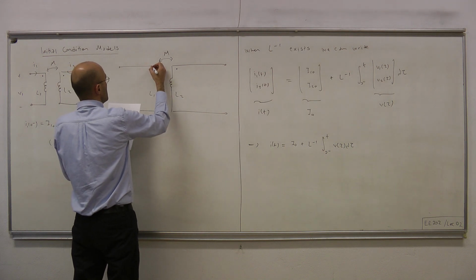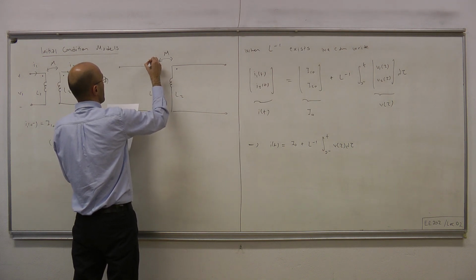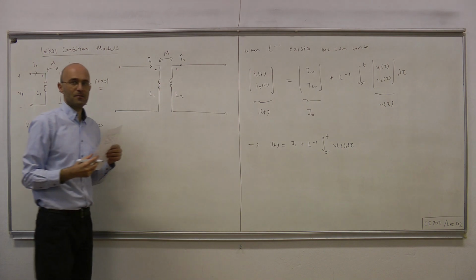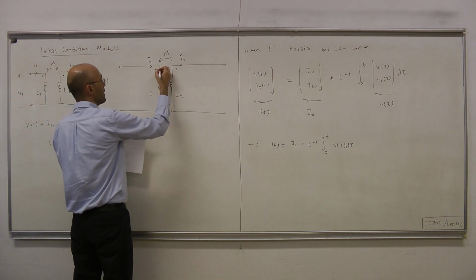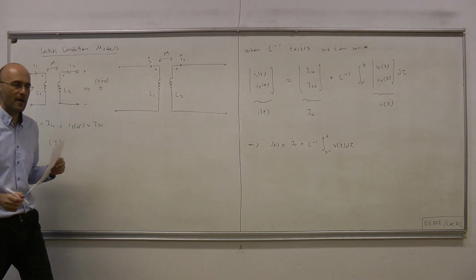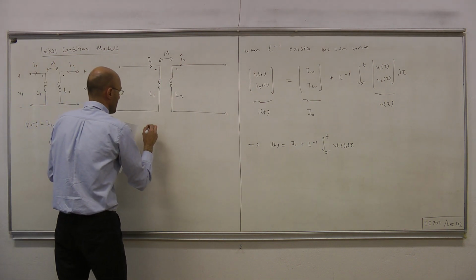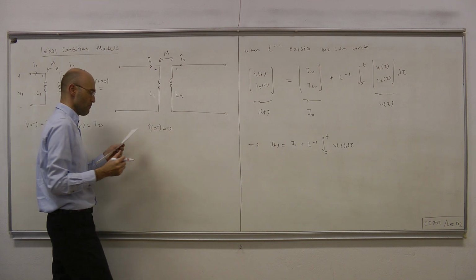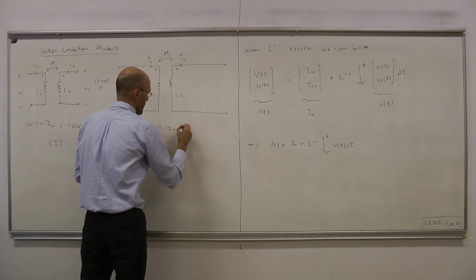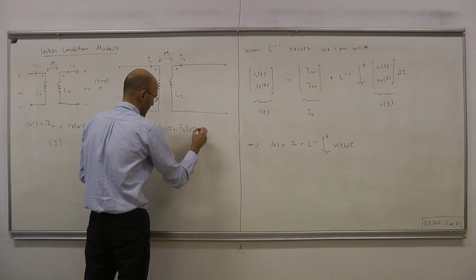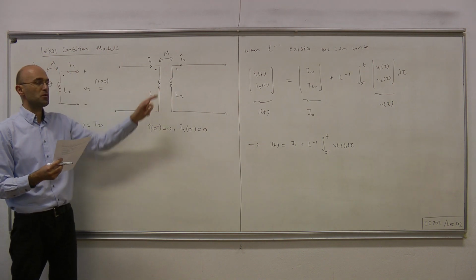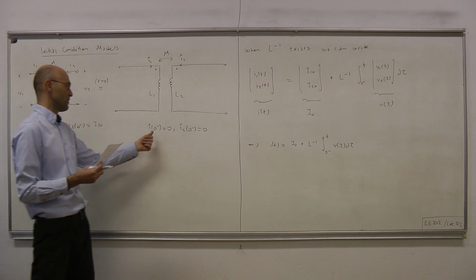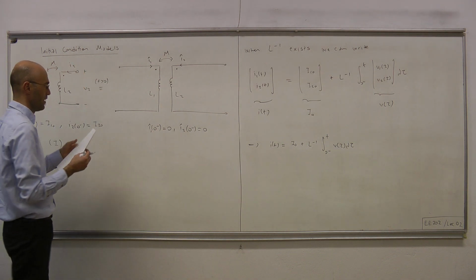Let's call this current I1 hat and this current I2 hat. Those are the currents of these coils, and I1 hat(0 minus) is 0 and I2 hat(0 minus) is also 0. So initially there's no stored energy in the inductors, where by initial time we take 0 minus.